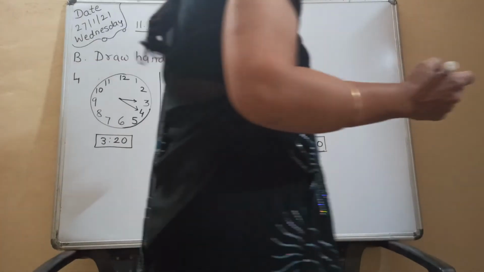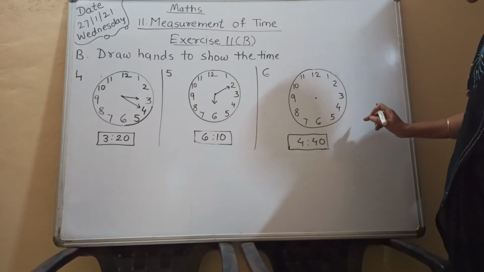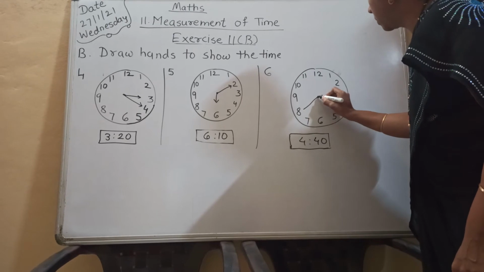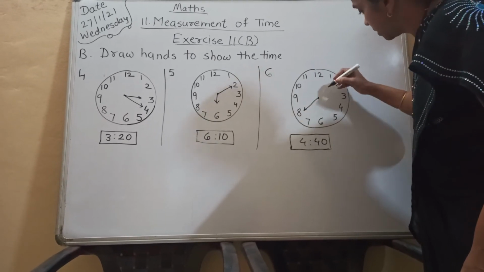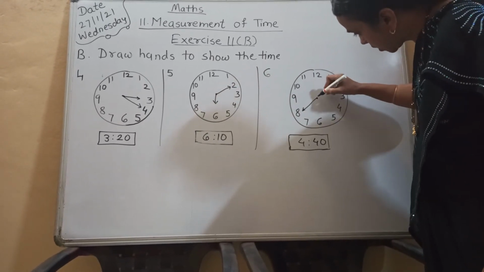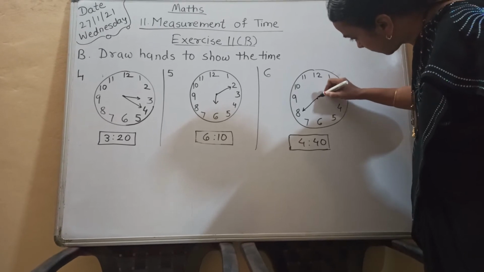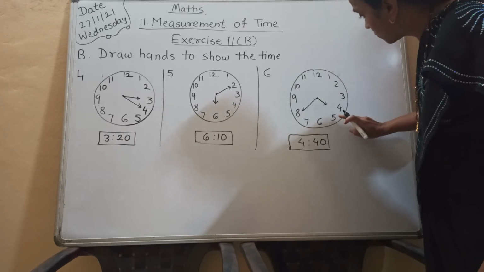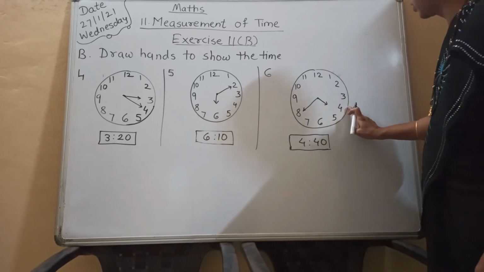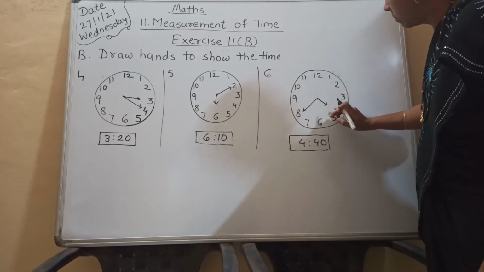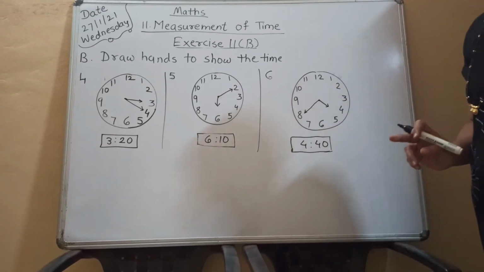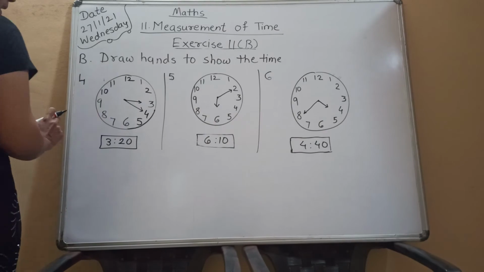Now sixth example. 4:40. 40 means towards this 8. This short hand will be between 4 and 5. Not exactly on 4. Somewhat between this 4 and 5. This is 4:40. So draw like this.